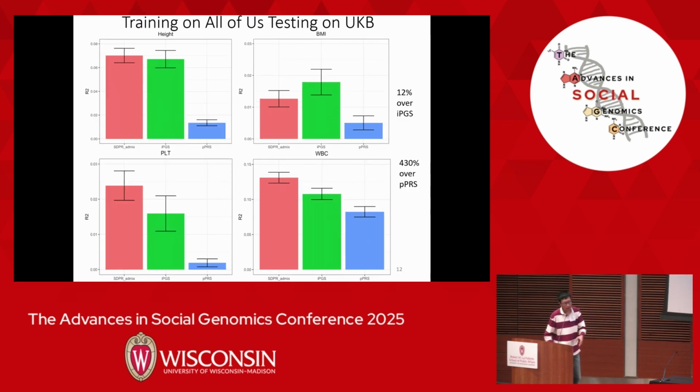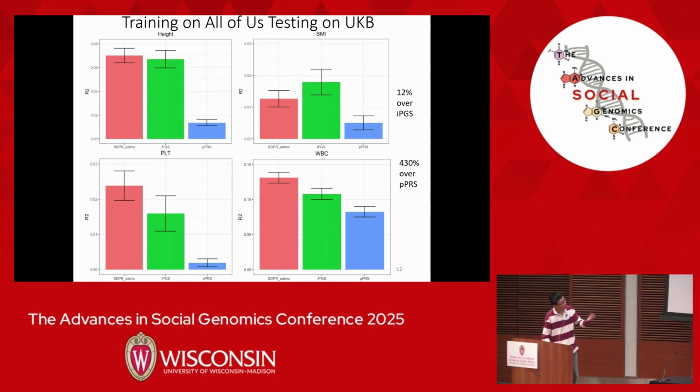We also test our performance by training on All of Us and testing on the UK Biobank. We can only run 2 other methods here because there are some computational issues for BSLM and Gaudi when deploying on All of Us.